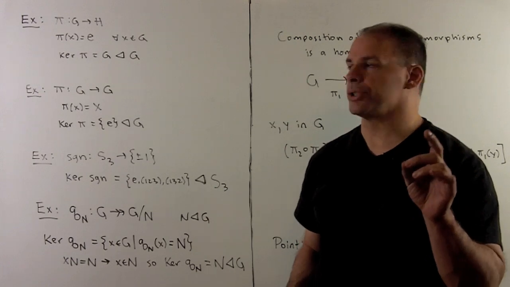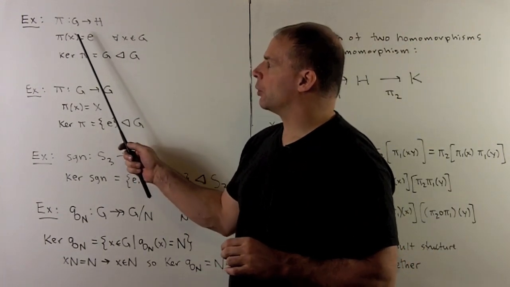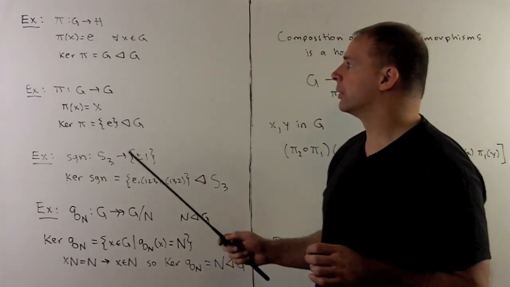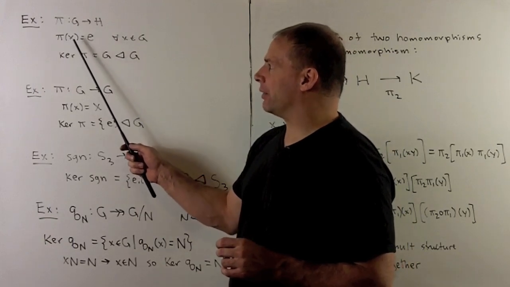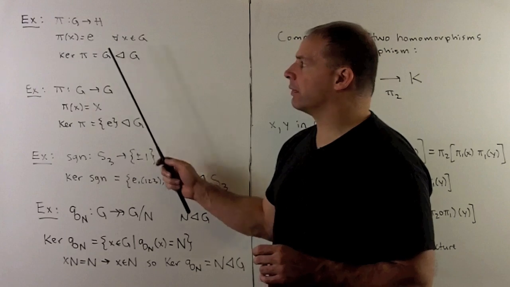For examples of kernels, first we have pi going from G to H. We're going to send every x to the identity element. So we have the trivial homomorphism. Kernel here, everything's getting sent to the identity for H. So we have all of G itself.